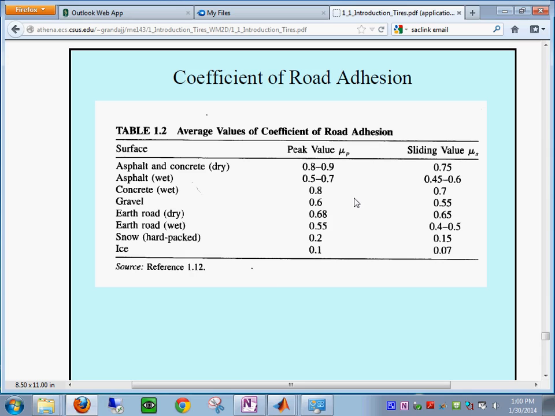And then concrete is 0.8, which means concrete is actually good for braking. Gravel 0.6 and 0.55.